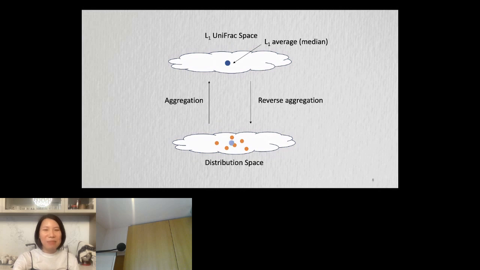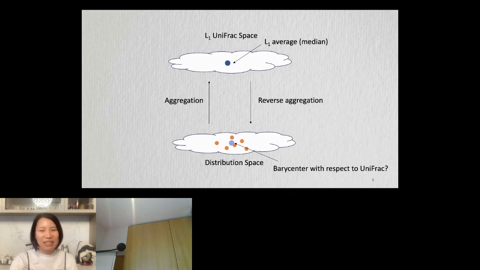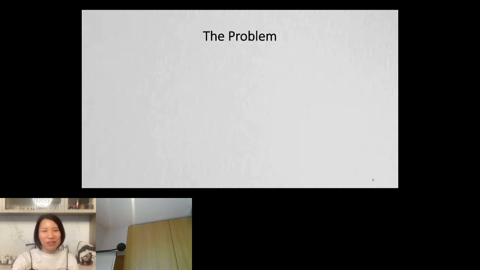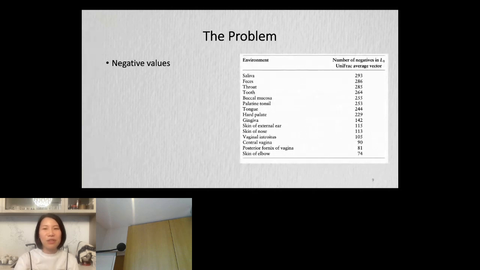Will I get the point in the distribution space which is the barycenter with respect to L1 UniFrac, and one that we can use as a representative of all these original samples? Unfortunately, the answer to this question is no, because we run into a huge problem of negative values.